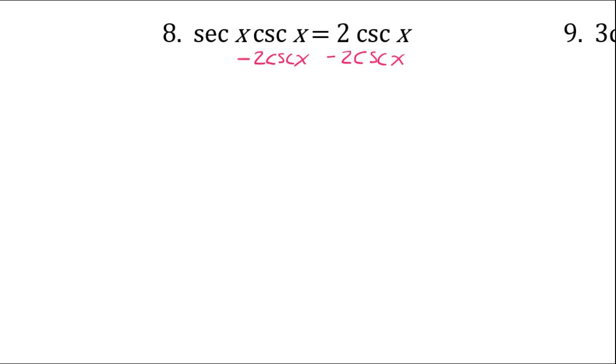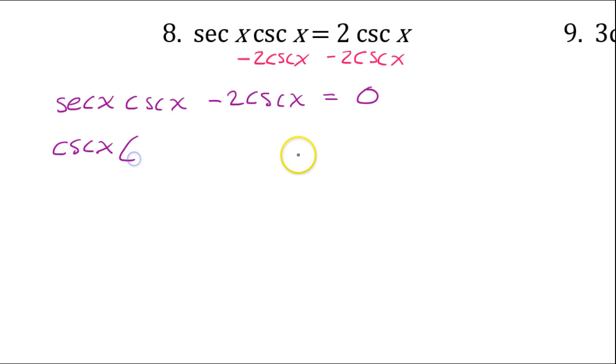Right now what I have is secant x cosecant x, and then here comes the minus 2 cosecant x is equal to 0. Now, I have cosecant in both terms here, so that is a GCF. So what I could do is pull the cosecant x out front, outside of the parentheses.